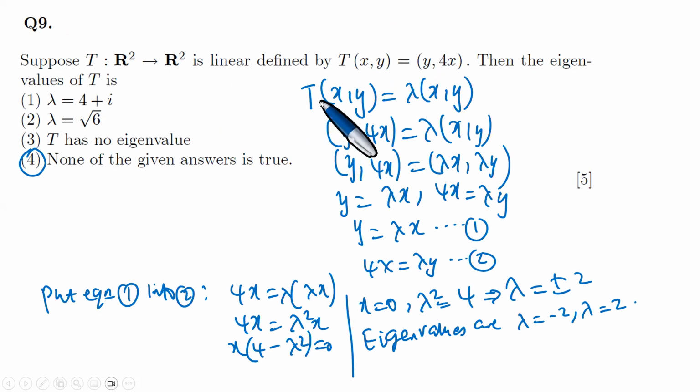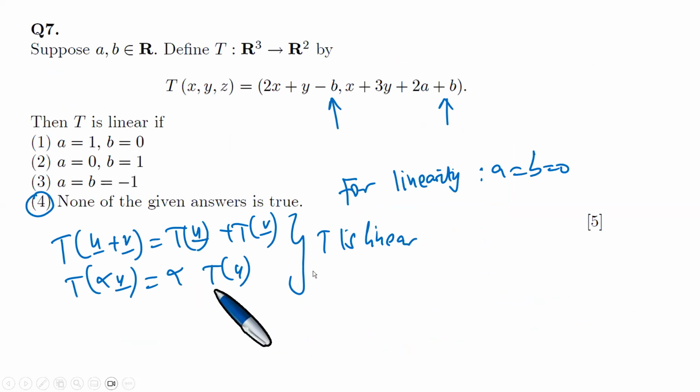Linear transformation relates to eigenvalues and eigenvectors, but they can ask you to prove it is linear. Like here I said T is linear, because linearity means that it must satisfy these two conditions. At this point I decided to just state this condition and state that the constants must always be 0 for it to be linear.